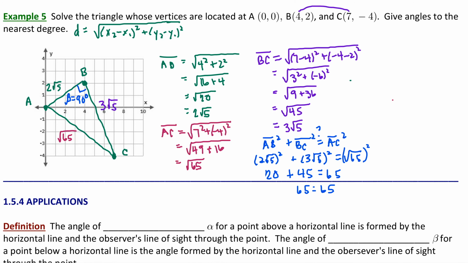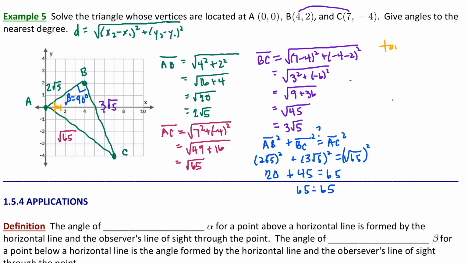I'm going to determine angle alpha next, and I will choose to use the opposite side and the adjacent side for the ease of the fact that those square root of 5s are going to cancel. So if we're using opposite and adjacent, OA, that goes with tangent.